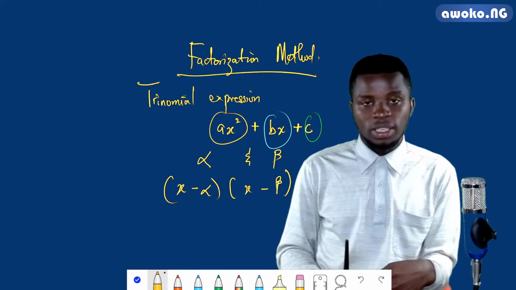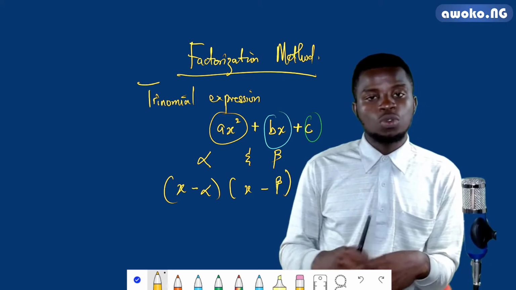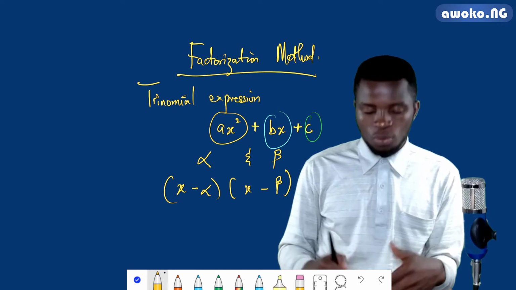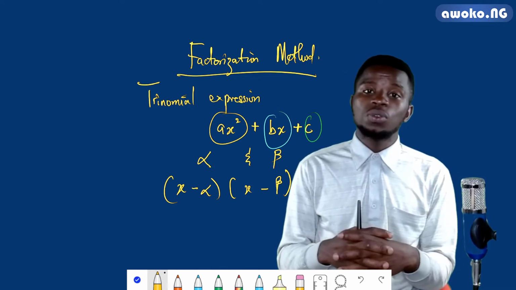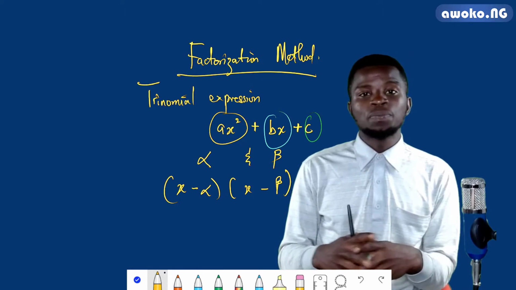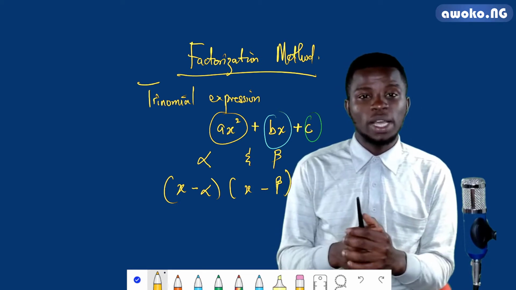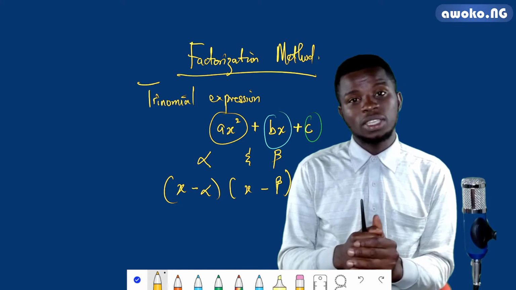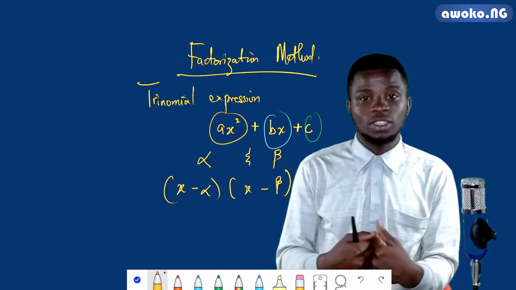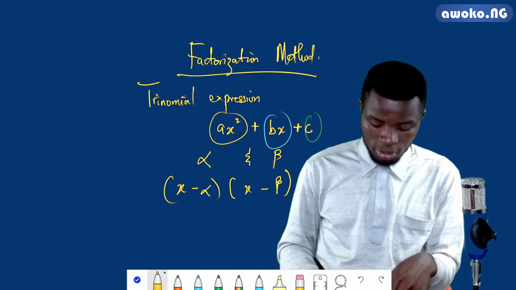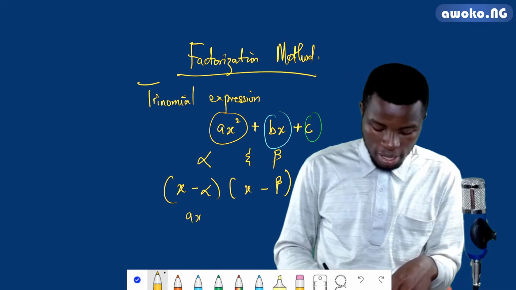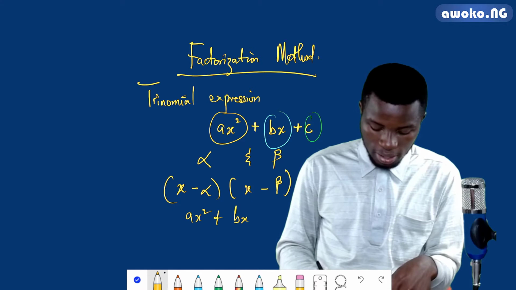So if these are the roots of the quadratic equation, and what are roots of the quadratic equation? Roots of the quadratic equation are basically the values obtained when the quadratic equation is solved or equated to 0. So if we equate this trinomial expansion to 0, we have ax squared plus bx plus c equals 0.